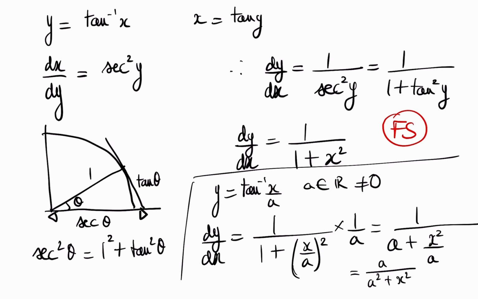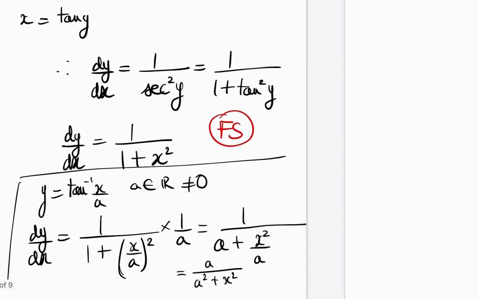I'm going to do just one more example. Okay, let's differentiate a problem that is recurrent: sine minus 1 of x plus cosine minus 1 of x, f of x.